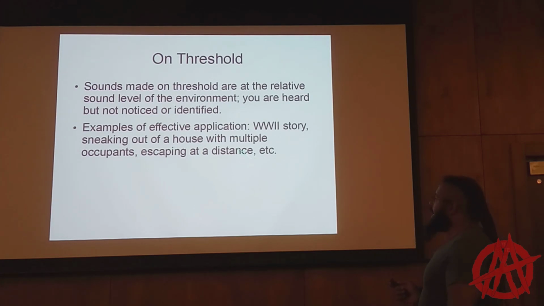And then of course, sneaking out of a house with multiple occupants. Again, offense is an easier way to give examples of this, but I don't really feel like doing that for the sake of the lecture. So to keep it defense, let's say you're in somebody's room and they're being really creepy or the vibe is bad, right? If you go out into the hall and there's like 4 or 5 people there, do you really need to make no noise on your steps, or can you make the same amount of noise as one of their roommates?